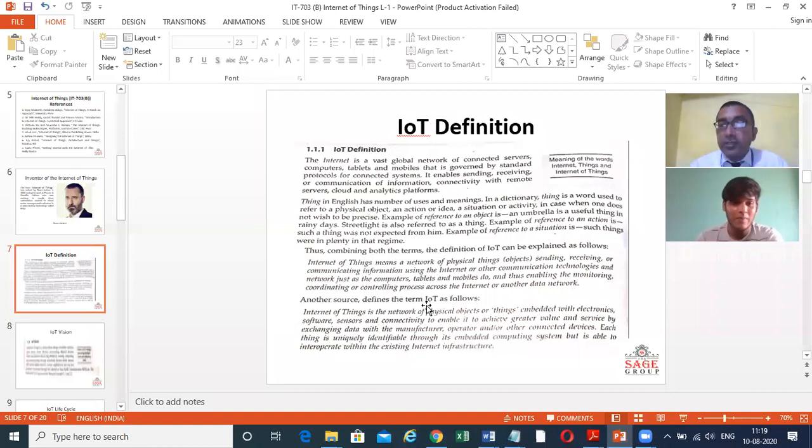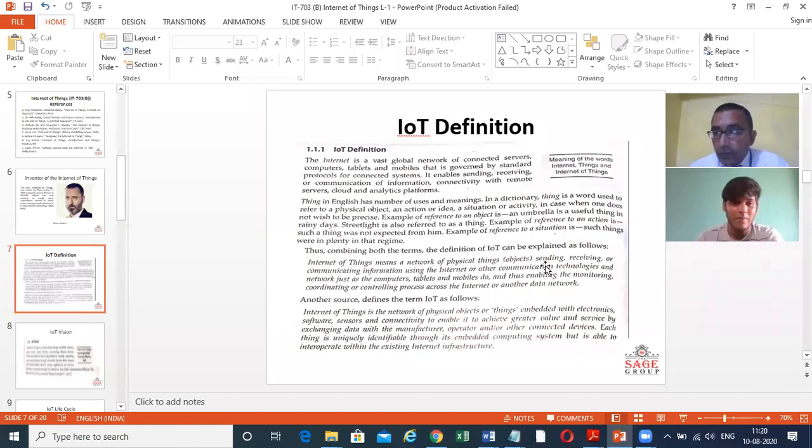Now I am explaining it simply. What is IoT? IoT means the network of physical things, sending, receiving. It is not difficult, because you already discussed what the internet does. It enables sending, receiving, communication of information, connectivity with the remote server, cloud.